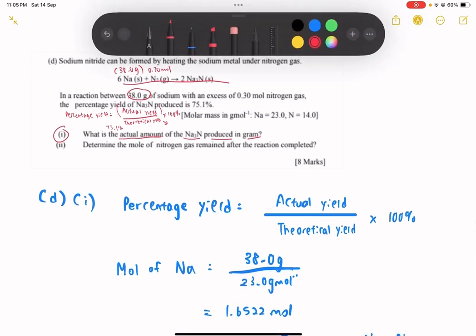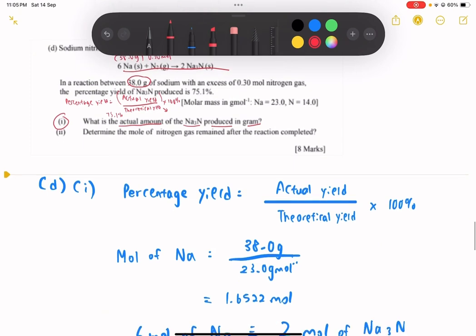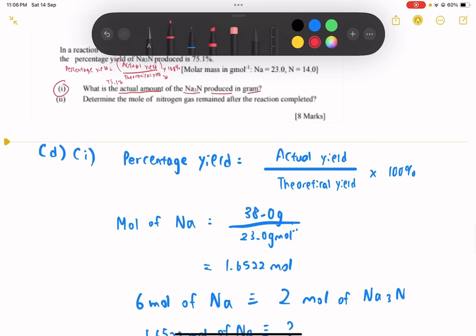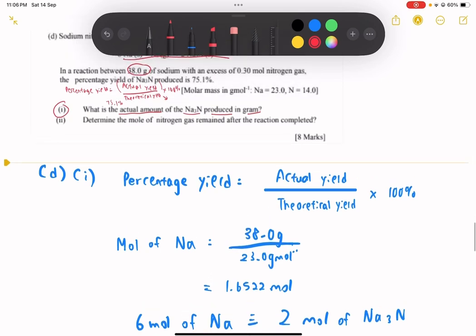We have to first find the mole of Na, and then we multiply by the molar mass. So it's like this, 38.0 gram divided by molar mass 23, and then we find the mole 1.6522. For decimal place, please remember that.